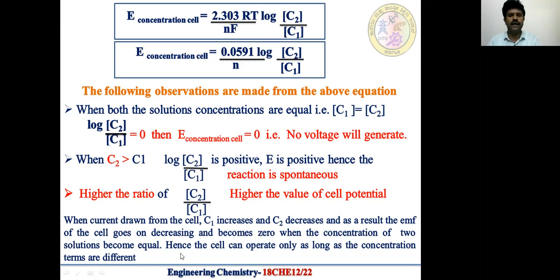Hence, the cell can operate only as long as the concentration terms are different. This cell works only until C1 becomes equal to C2. Once C1 becomes equal to C2, the cell will not produce any EMF. So these are some of the observations we can make from the equation.